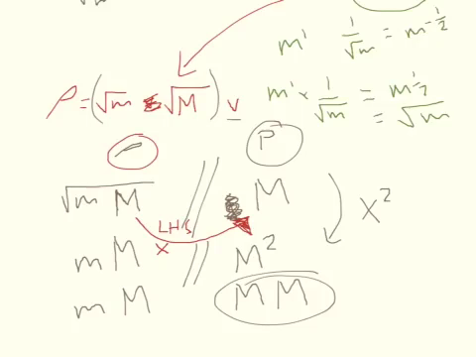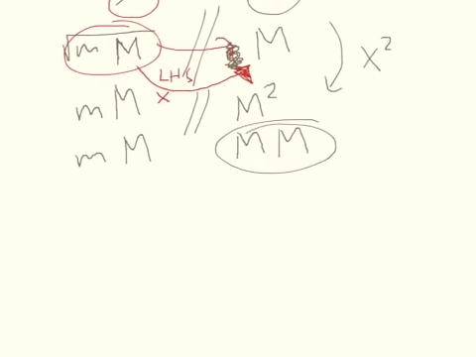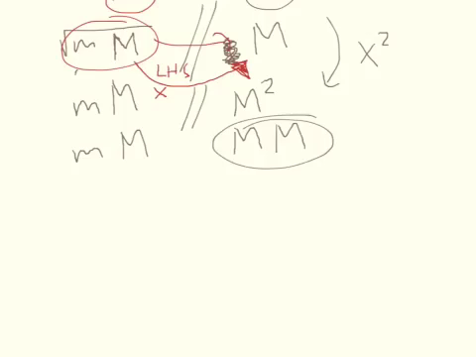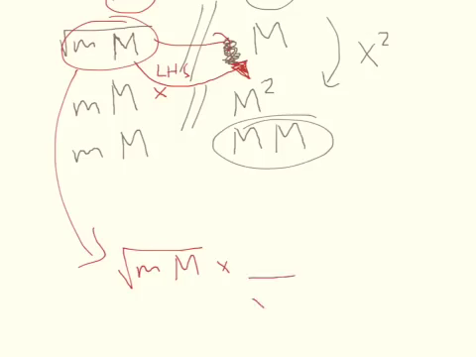If the number you're multiplying that side by to get to there is less than 1, and it is less than 1, we can see that we've got square root m, so we need to divide by square root m. Let me just bring you down a little bit here. So square root small m large M, we have to multiply it by something over square root of m, because that'll cancel out the small m, and we have to multiply it by square root of large M on the top, because that'll just leave us with M on there.